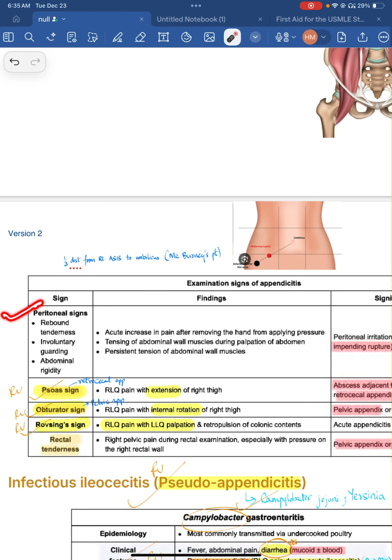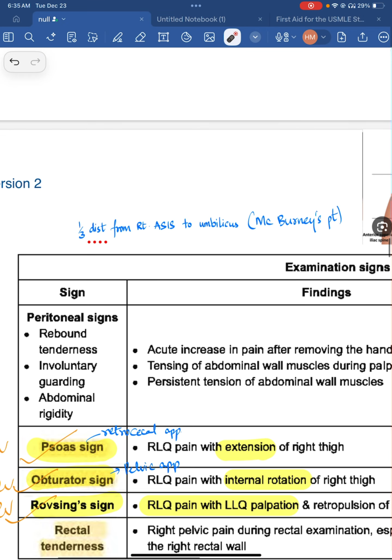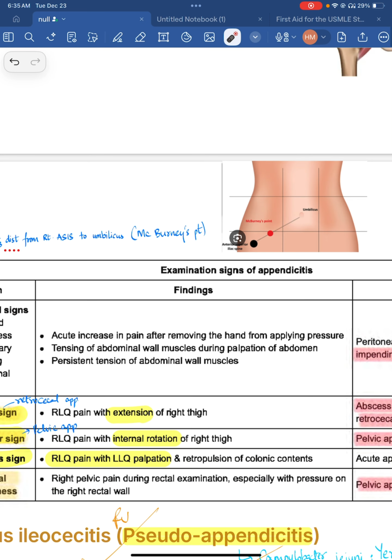First is peritoneal signs. You have to remember these peritoneal signs. What are peritoneal signs? When the inflammation causes peritoneal irritation. There is rebound tenderness. What does this mean? You are palpating the patient's abdomen. When you palpate the abdomen, you don't have any pain. But when you remove your hand, the patient has increased pain.